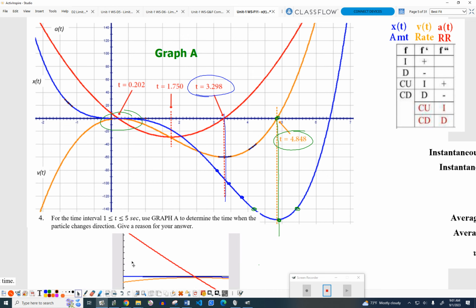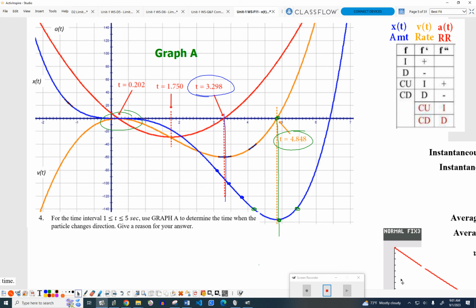You can actually answer question 4 one of 2 ways. You can answer question 4 by looking at the position graph and noting when the numbers on position are becoming more negative, then they suddenly stop becoming more negative and start becoming less negative. That's the moment when the particle stopped going this way and started going back this way.